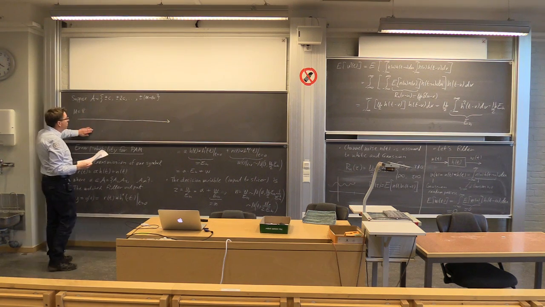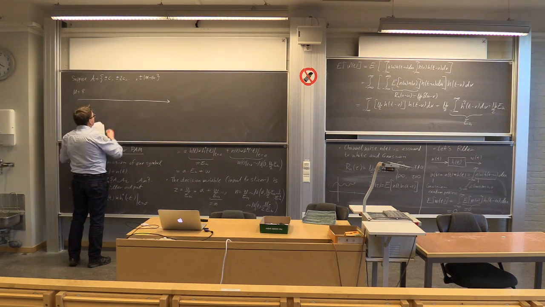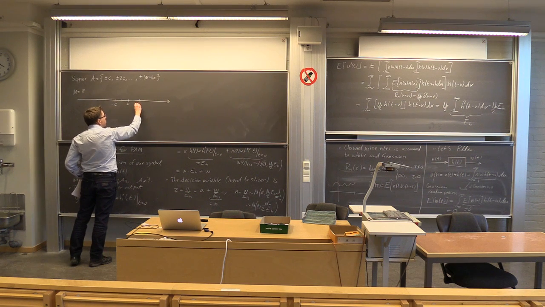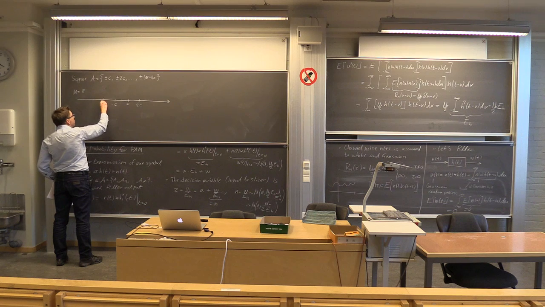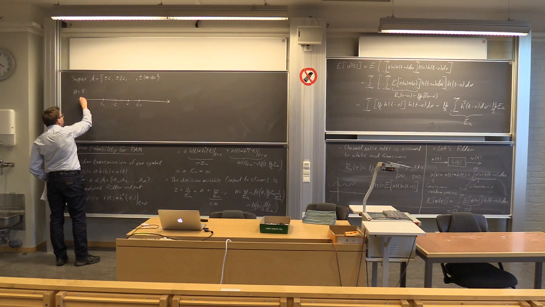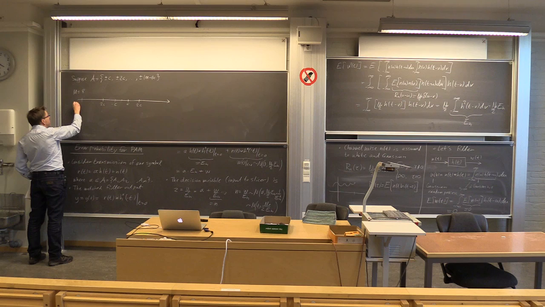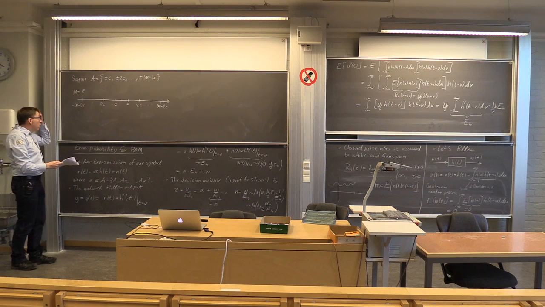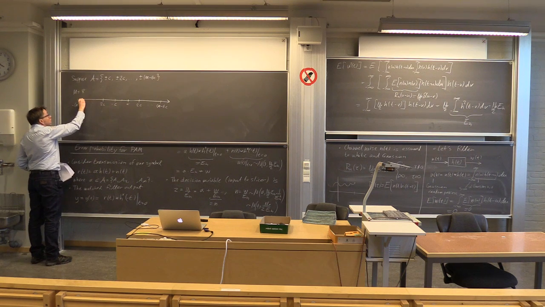We would have, say, the origin here in the middle, and then we go C to the right and C to the left, and then continue 2C to the left and 2C to the right, and then we continue out, and the leftmost point here is negative M minus 1 times C, and the rightmost point here is M minus 1 times C. So these are our constellation points in general, right?